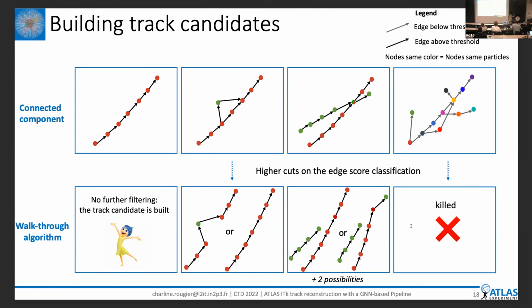It also means that if we get a shared hit here, at this stage we have to make a choice, which is none of these different possibilities here is a good choice. But for now, this is what we get. And also this kind of really messy track candidate is completely killed during this stage.